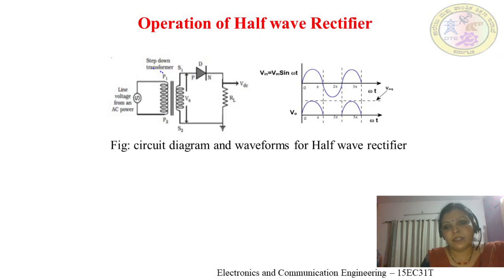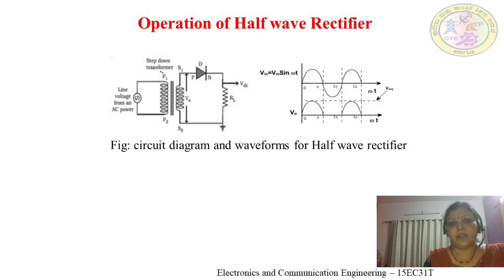And again, the AC input voltage is progressing from the negative half cycle towards the next positive half cycle. So during this next positive half cycle, what is happening? S1 is becoming positive and S2 is changing its polarity to negative.